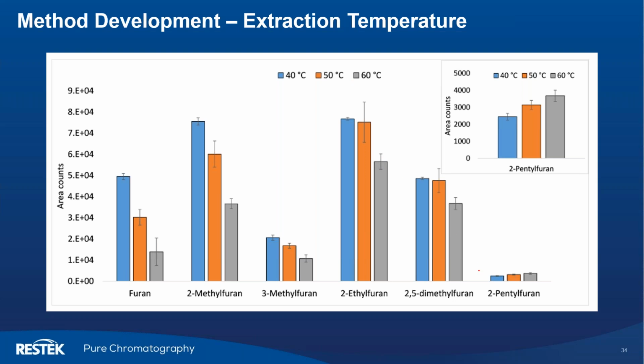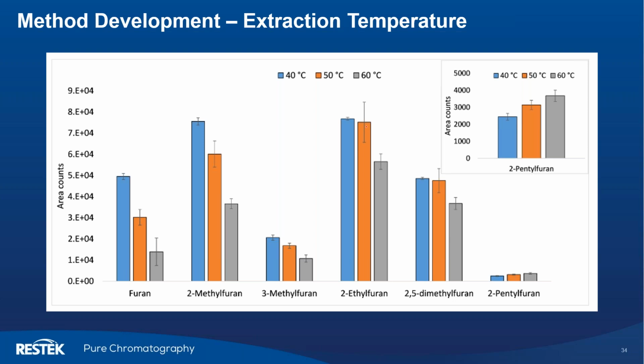Now for 2-pentylfuran, which was of interest, we started to get really into the noise at each temperature actually. But later in the method, you'll see that we actually moved with the 50. I know it looks like we have poor reproducibility here, but we reevaluated this later on to ensure that this temperature would offer us the reproducibility that we need. And again, you'll see that later on.